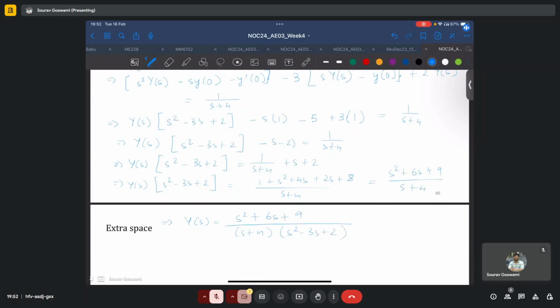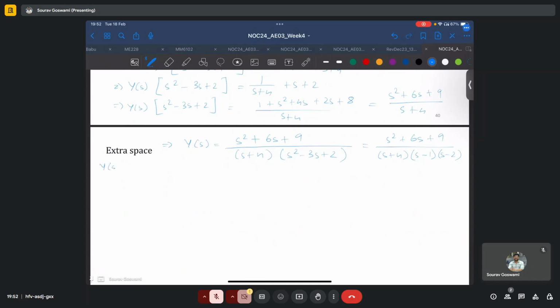Can we simplify or factorize s square minus 3s plus 2? s minus a, s minus b. Yes, we can. This will further simplify to s square plus 6s plus 9 by s plus 4, s minus 1, s minus 2. Now we must decompose this into partial fractions.